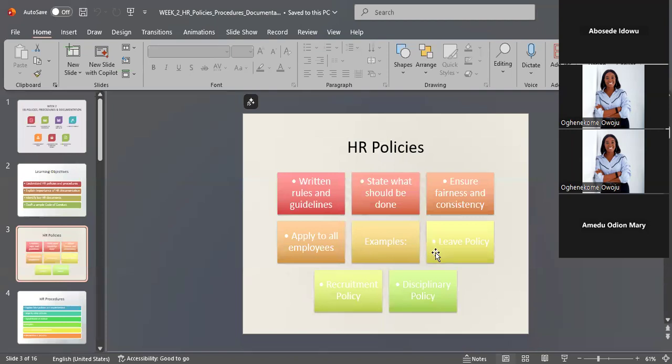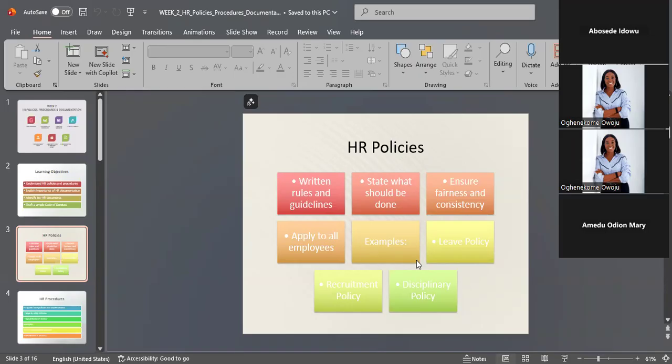Now, when we talk about leave policy, it is the policy that enables an employee to take some time to rest and recuperate from stress, even when the company passes through a rigorous time. This allowance is put there by labor law or international labor law for us to have a break, because if a man works all through the year, that person will shut down.